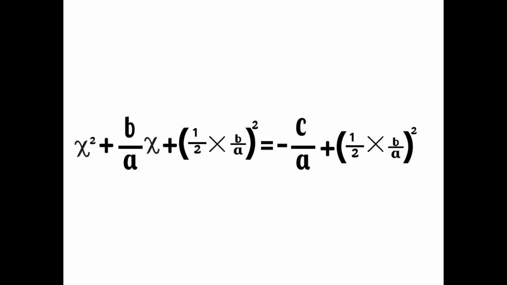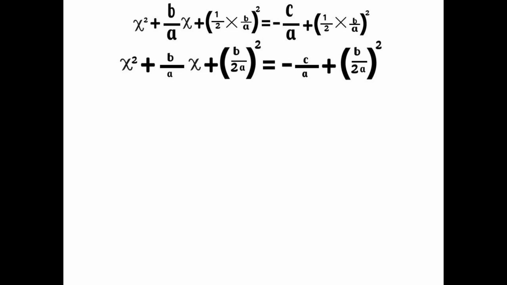So we simplify the bracket by saying (x plus b over 2a) squared equals minus c over a plus (b over 2a) squared. You get the drill.